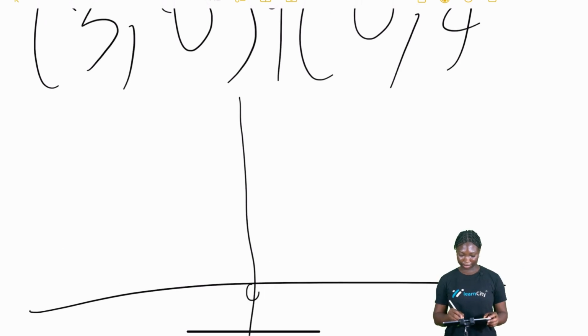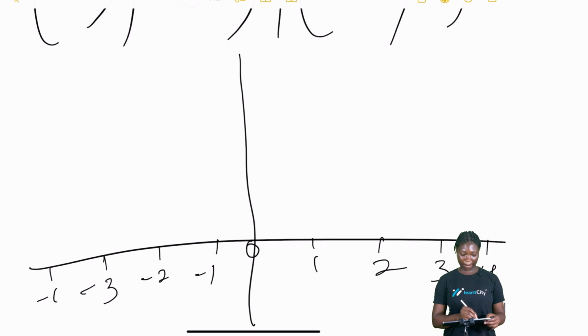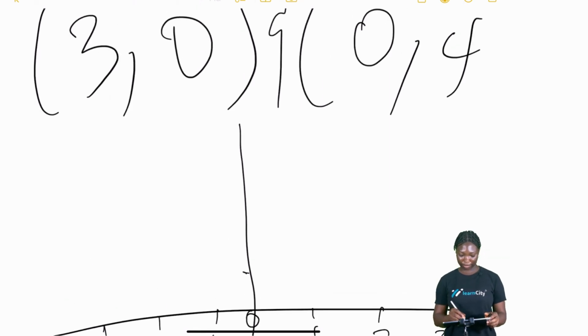Now we plot our graph. So we have 0 here, we have 1, 2, 3, 4, minus 1, minus 2, minus 3, and minus 4. Here we have 1, 2, 3, 4, 5.